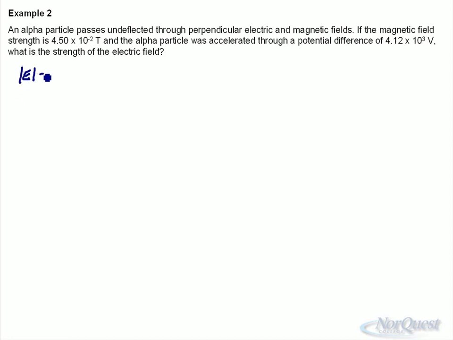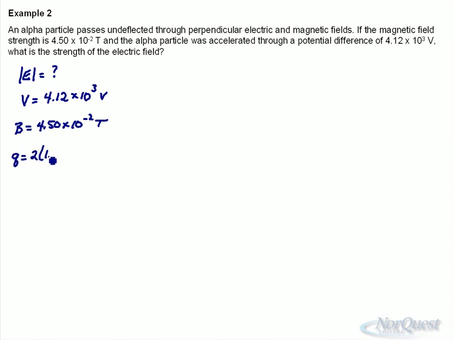Again, write down what you have. You're looking for electric field. You have the voltage that's accelerating this, 4.12 times 10 to the 3 volts. You have the magnetic field strength, 4.50 times 10 to the negative 2 Tesla. And we know it's an alpha particle, so I'm just going to write down the charge.